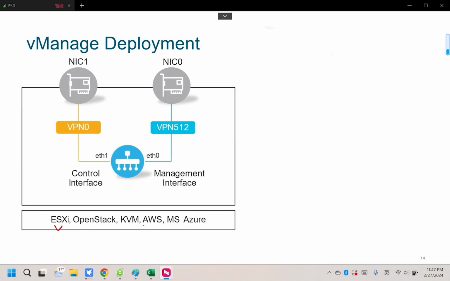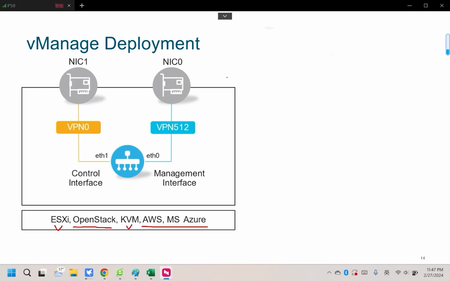We can also deploy in KVM virtual environments. Public clouds like AWS, Microsoft Cloud, and Alibaba Cloud in China all support the deployment of vmanage, very convenient. If our enterprise has an OpenStack cloud, it can also support the deployment of vmanage.